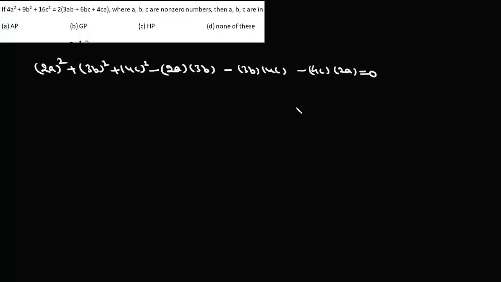Now this is our known result. We are given that a square plus b square plus c square minus ab minus bc minus ca is 0. That means a must be equal to b must be equal to c.